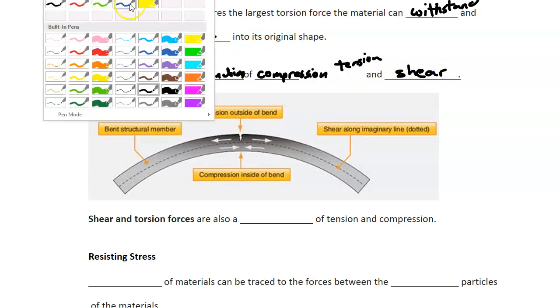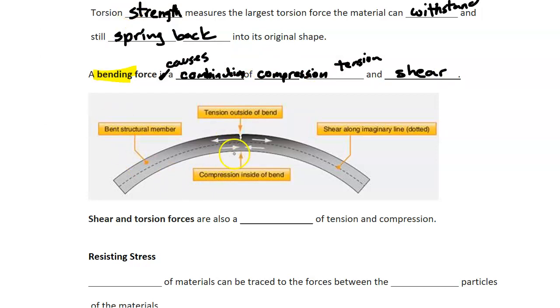Now, if we take a look at what's happening inside here as this object is being bent, we're pulling here and here. This would be the external bend. So we see a compression happen here, at the spot where the particles are being squished together. Tension on the other side.